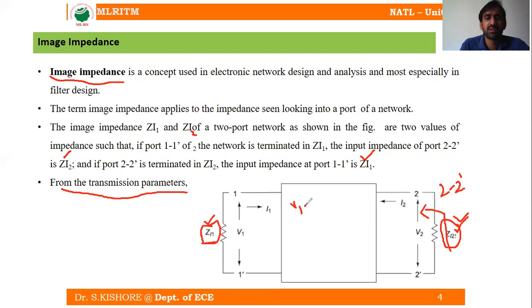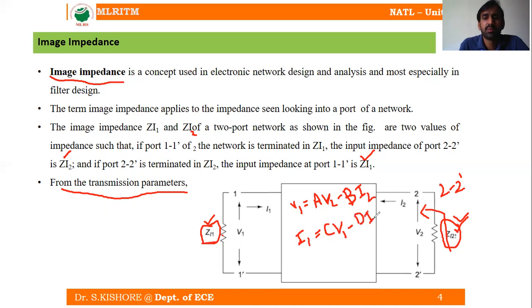We already derived these expressions: V1 is equal to A V2 minus B I2, and I1 is equal to C V2 minus D I2.